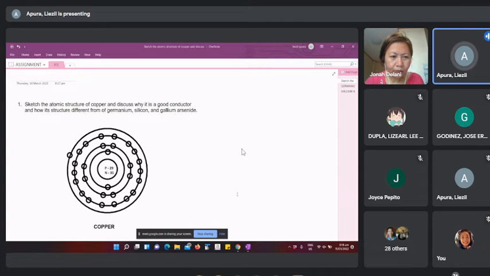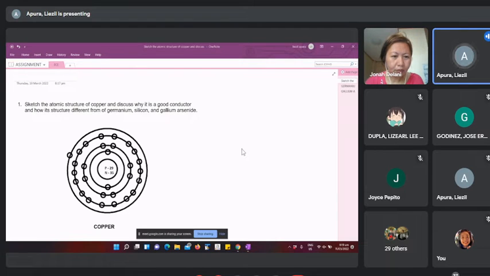Okay, good day everyone. I am Lizelle Apura and my assigned question is: sketch the atomic structure of copper and discuss why it is a good conductor and how its structure is different from germanium, silicon, and gallium arsenide.